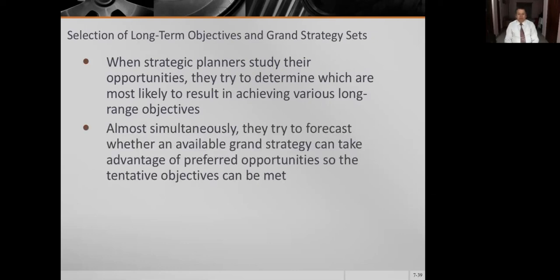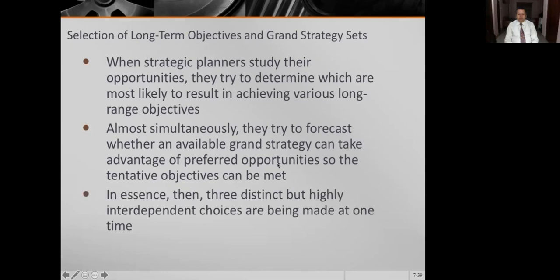Almost simultaneously, they try to forecast whether an available grand strategy can take advantage of preferred opportunities so the tentative objectives can be met. See, the point here is you have a shopping list and then you actually see the alignment with the opportunity and the objective. In essence, then, three distinct but highly interdependent choices are being made at one time, not more than that.